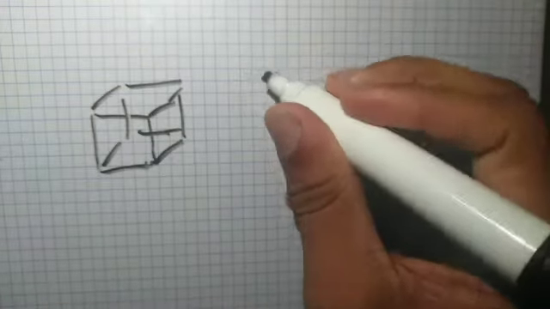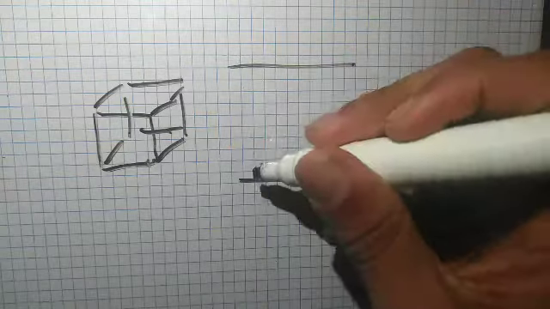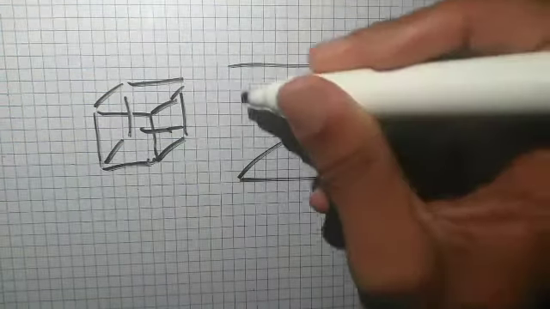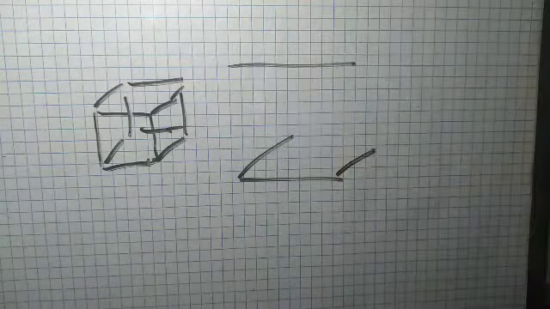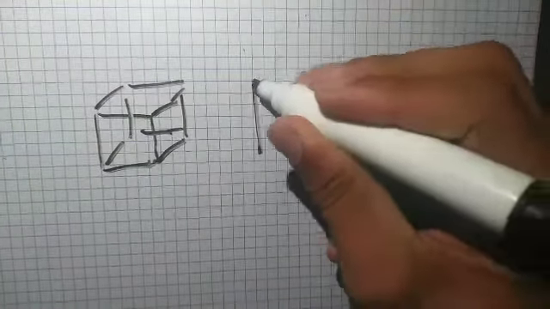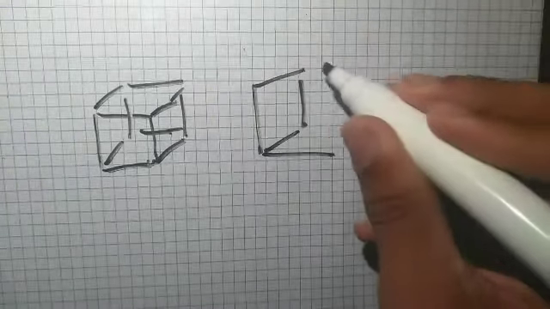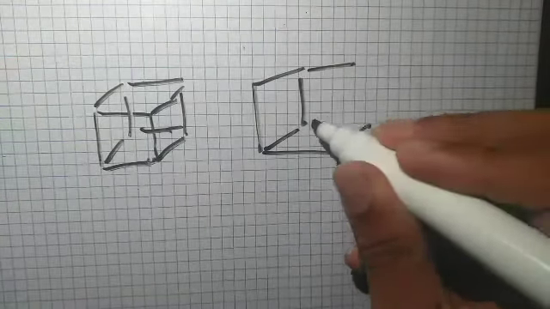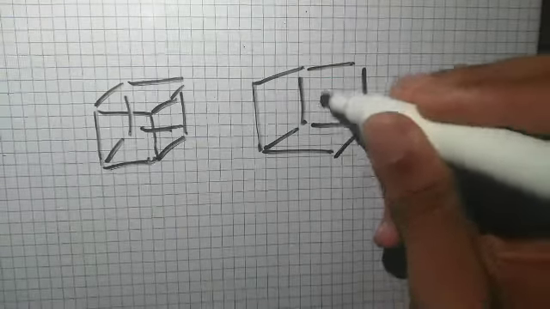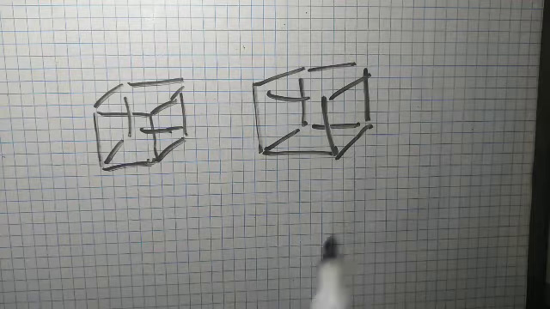So say we have two cubes. Oh, I did this wrong already. I forgot how to draw it. Getting tired over here. We have 2 cubes, and one is bigger than the other.